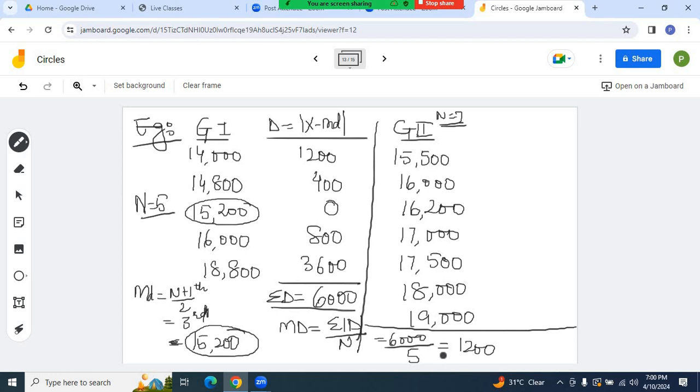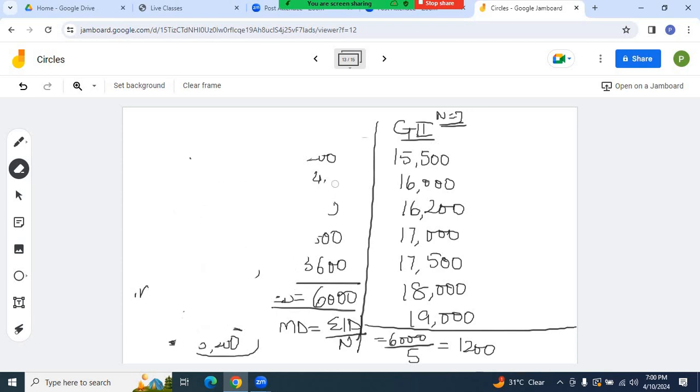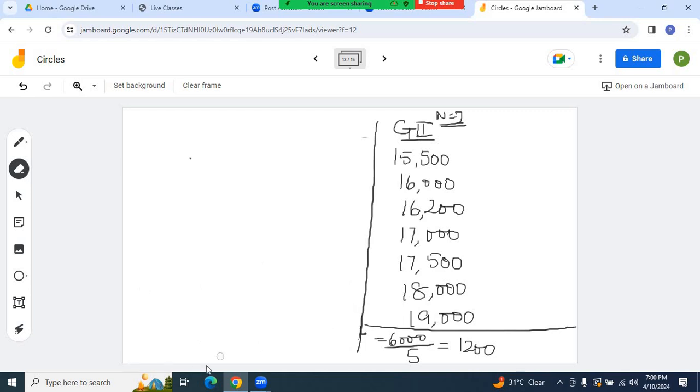Now let's see the deviation for second income group. I'll erase this left portion only. So mean deviation of first income group is 1200.